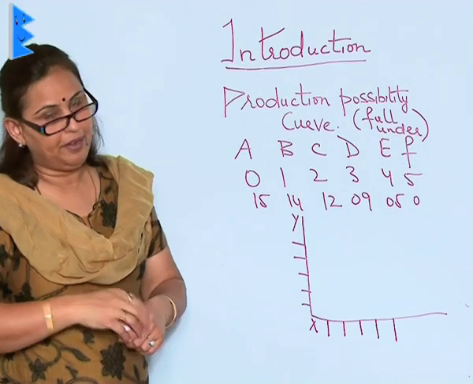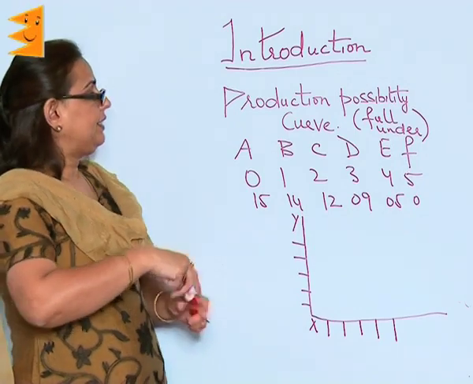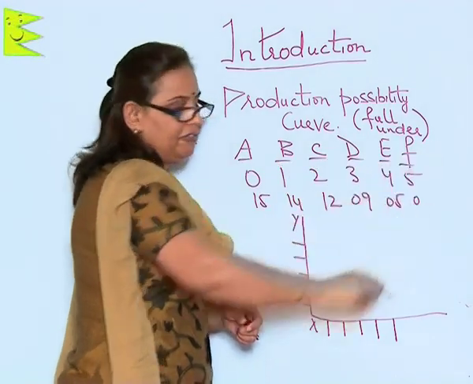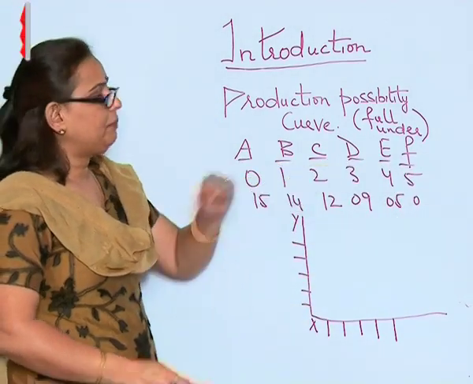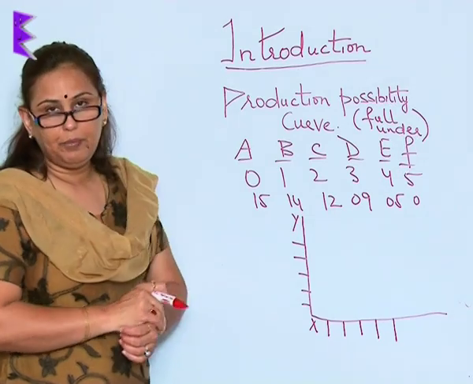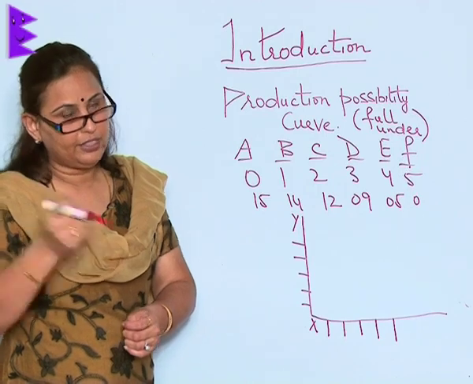Now, first of all, before going into detail about the production possibility curve, let us try and understand this by a graphic representation. I have taken A, B, C, D, E and F, that is, 6 situations, and there are two things which can be produced in a particular situation.